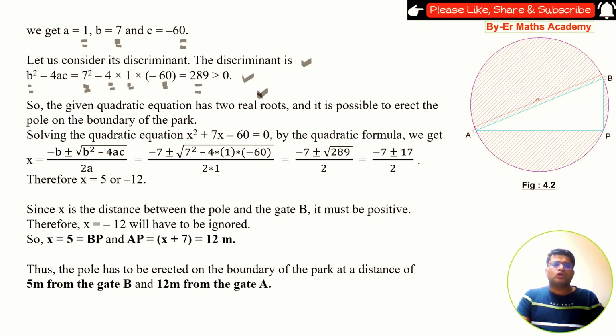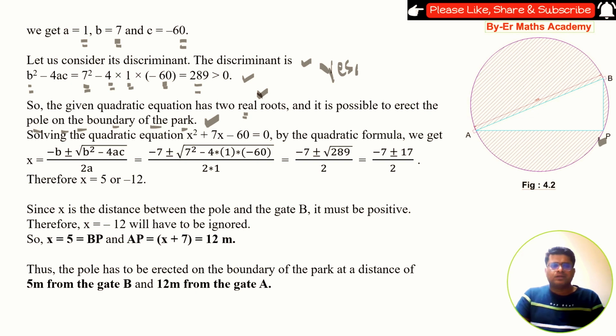So the given quadratic equation has two real roots and it is possible to erect the pole on the boundary of the park. Okay, so what is the answer? Yes, it is possible to erect the pole on the boundary of the park.